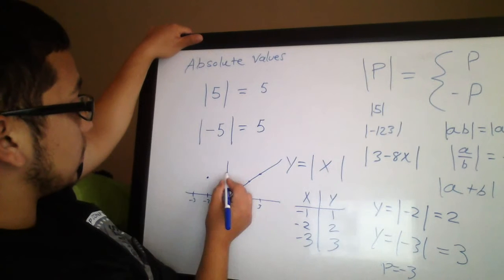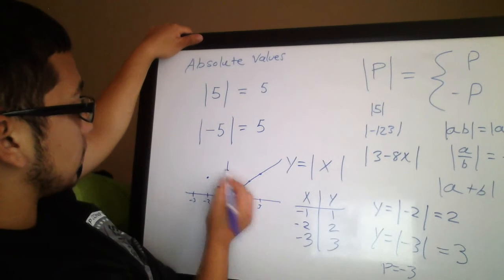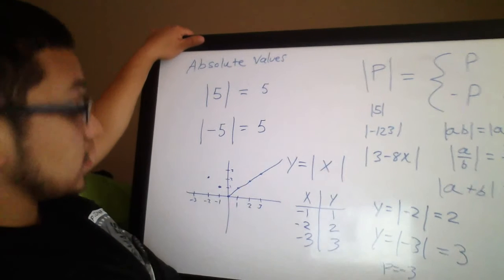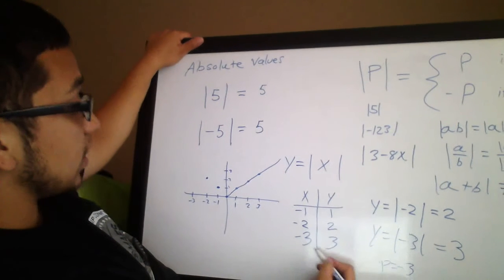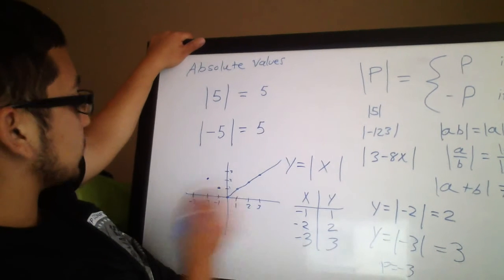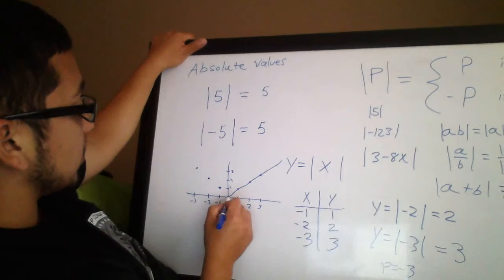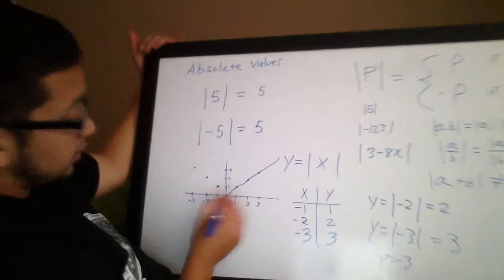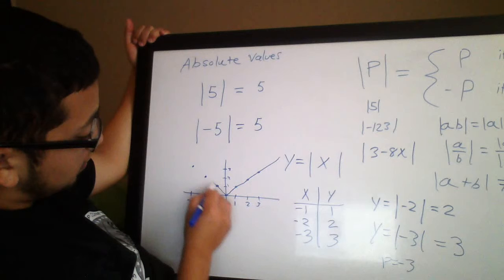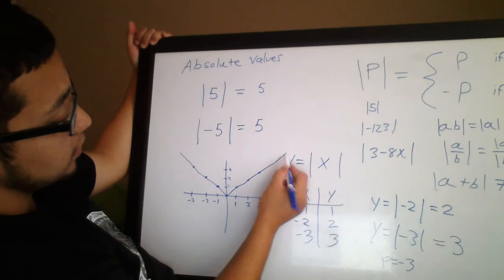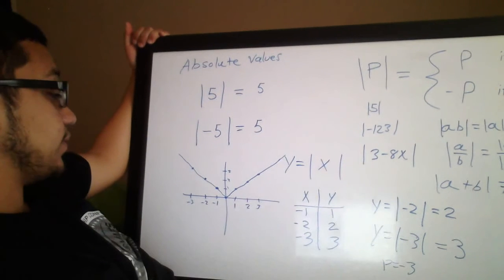So x is negative 3, and y is 3, so negative 3, 3, right here. So it looks like a straight line going like this. So that's what the absolute value plot looks like.